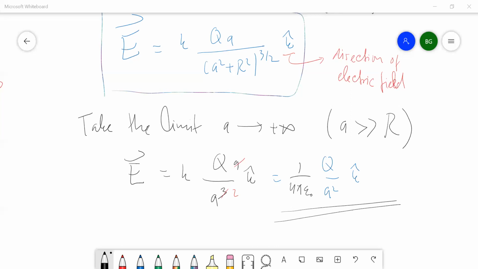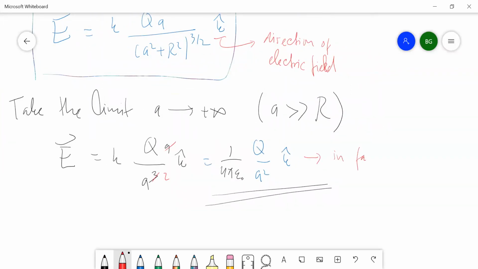So it means that if the observer looks from far away, the ring looks like a point particle.